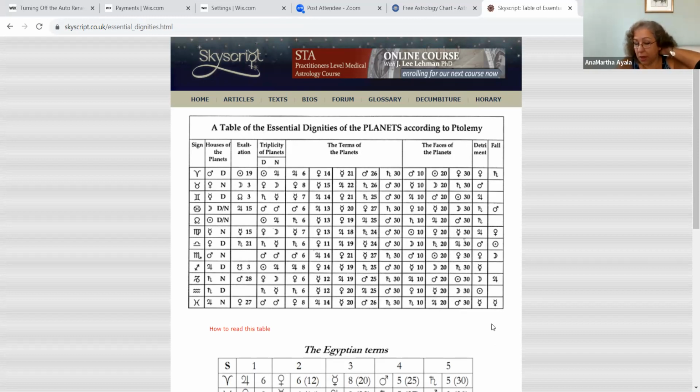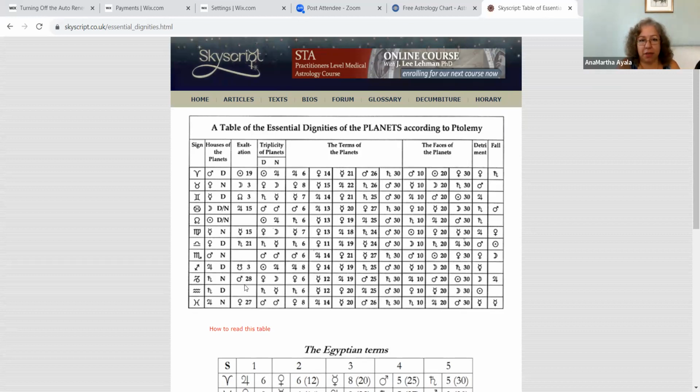Now, I'm not going to get into the explanation of this table because it's quite complex and this video would be about an hour long, right? But you could see that the sign is here, Aries, Taurus, Gemini, Cancer, and so forth, all the way to Pisces. In Hellenistic, it depends whether you're born in the day or whether you're born at night.